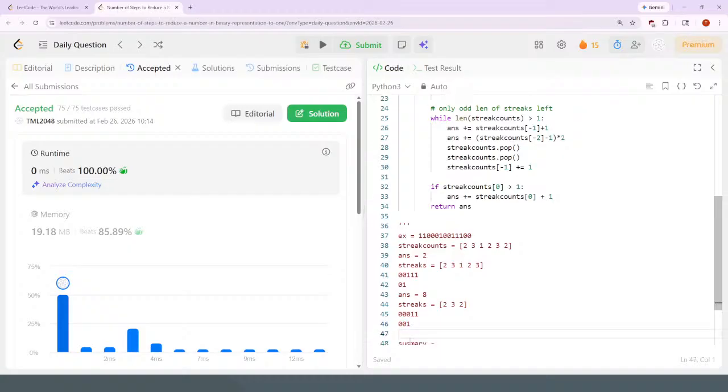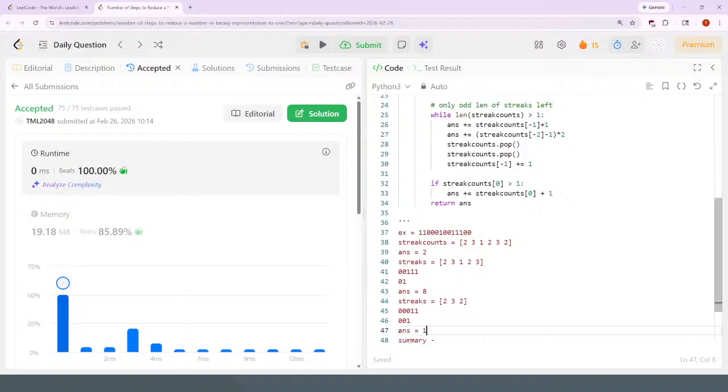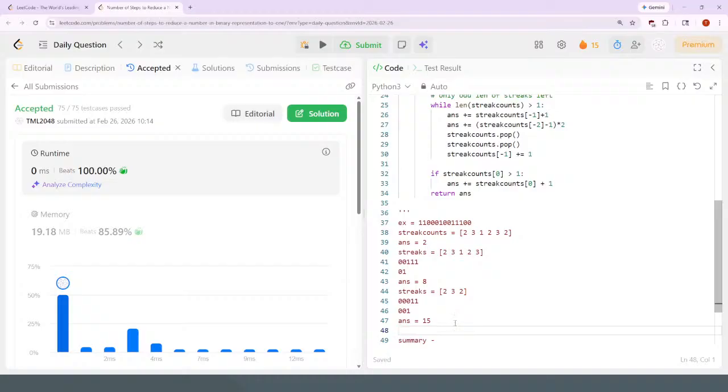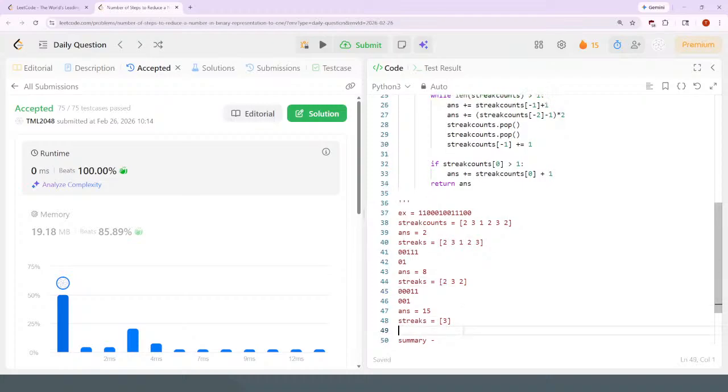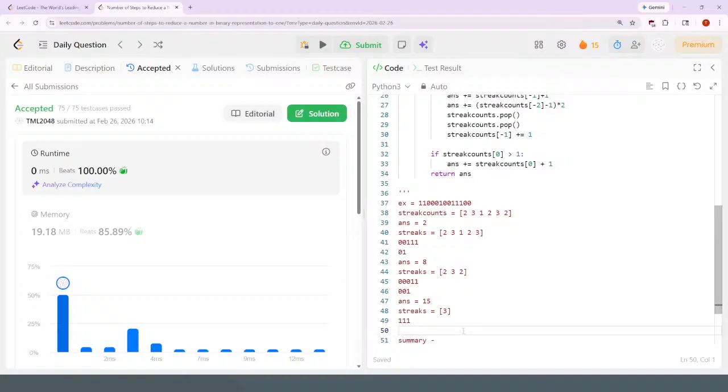So that's 3 plus 4 is 7, so the answer is going to be added by 7, so it's going to be 15. And at that point, streaks is now 3, because it made this last one a streak of 3 1s. So on the left 3 means that it's going to take 4 operations to do that.